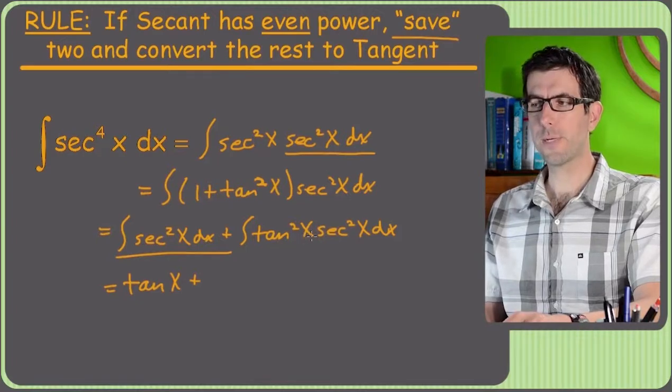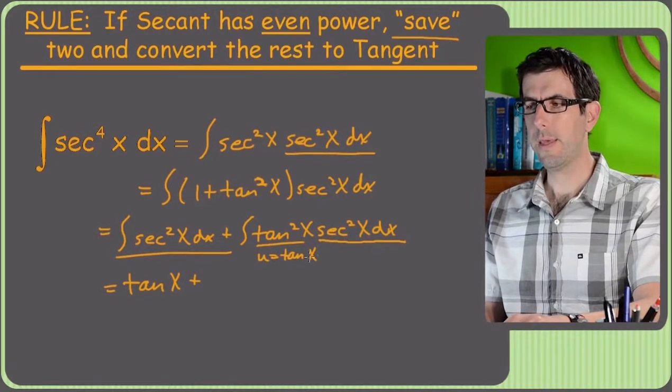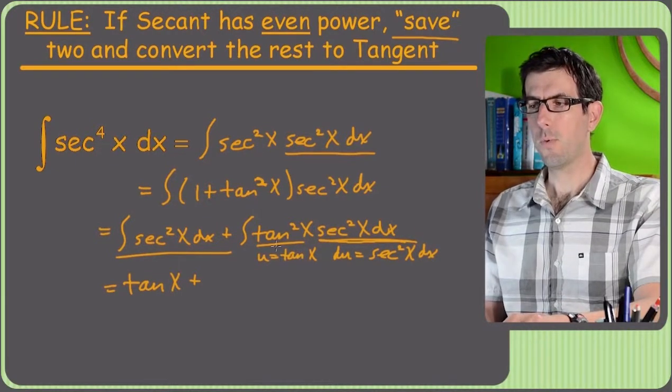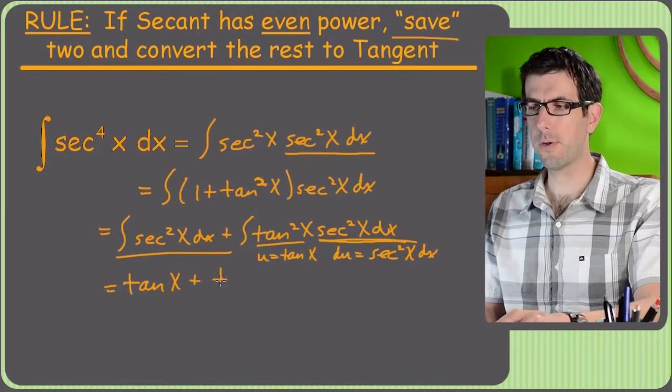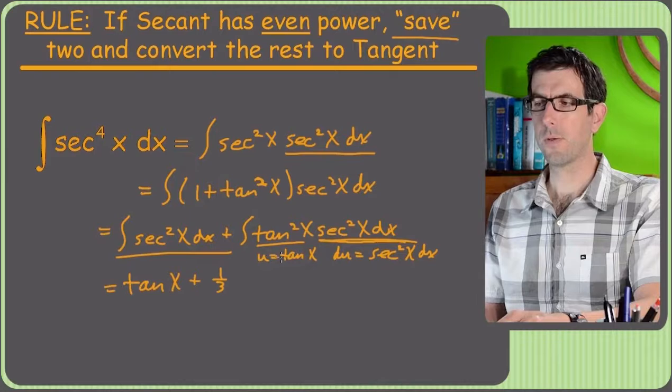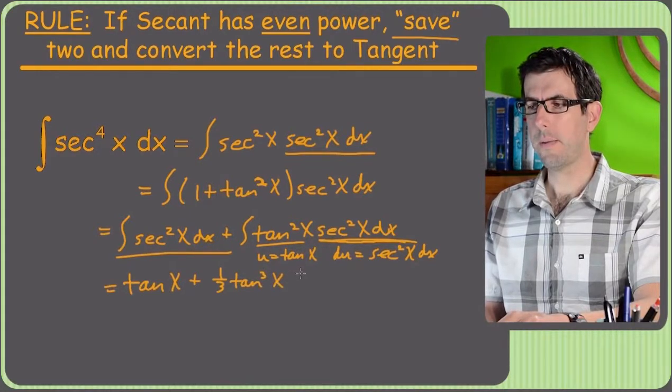And then for the integral of tan squared secant squared, if I make my u equal to tangent x, then my du is secant squared x dx, which is this right here. So what I've got is u squared times du, which will be 1/3 u cubed, or in this case tan cubed x plus c.